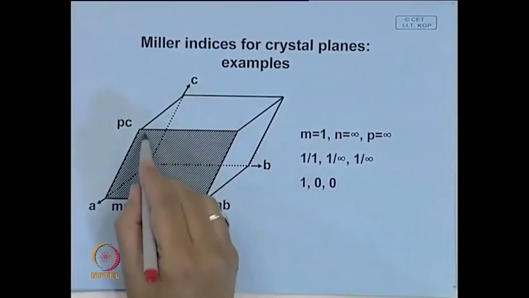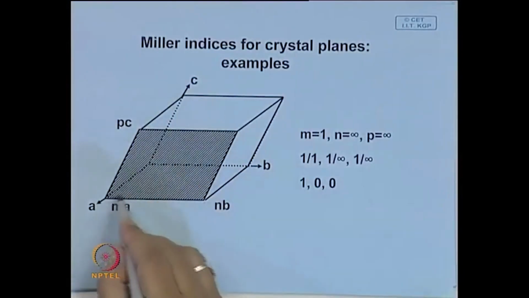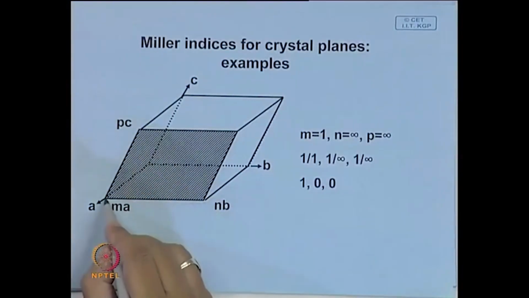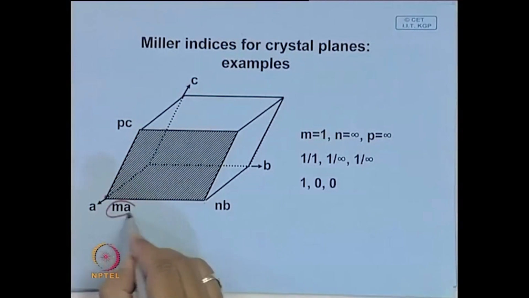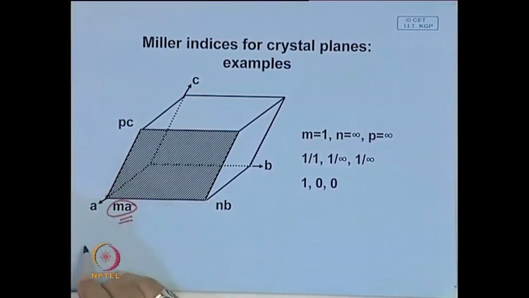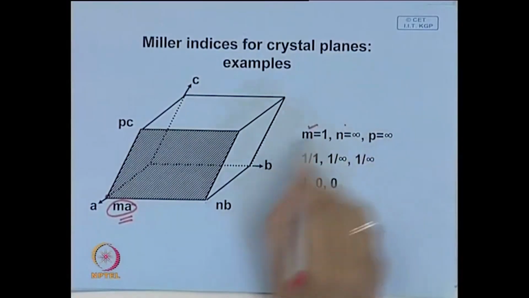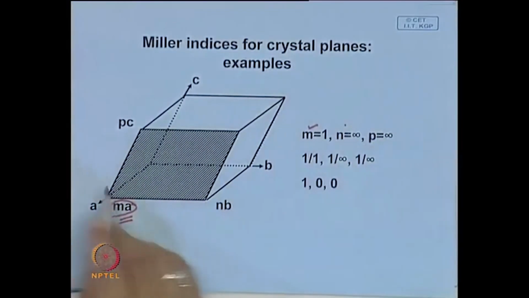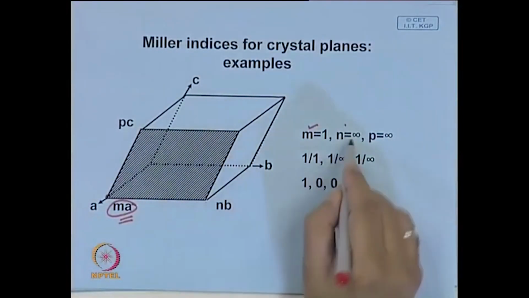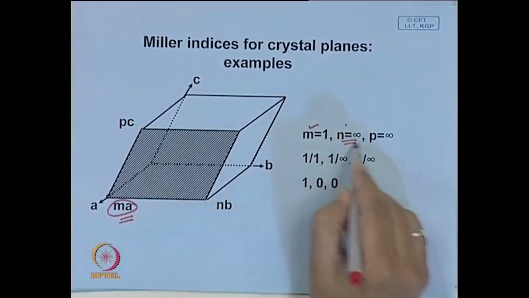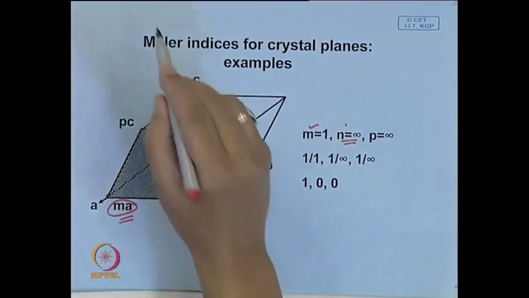Look at this crystal and let us try and find out the Miller indices of this face, which intersects only the x axis at a point m a. Now, write down these numbers m n p. Since it is parallel to B, it intersects B at an infinite distance. So, n is infinite. Similarly, it intersects C at infinity.